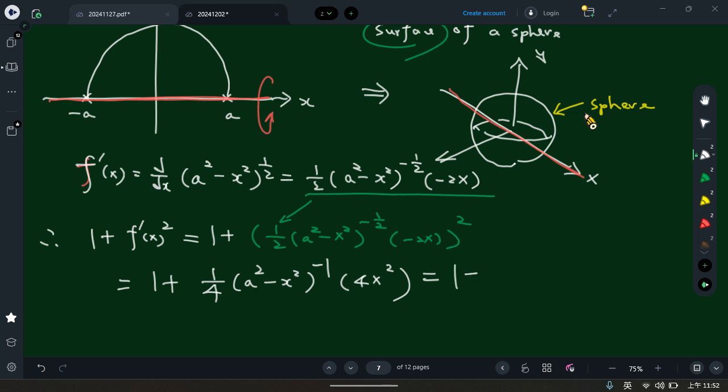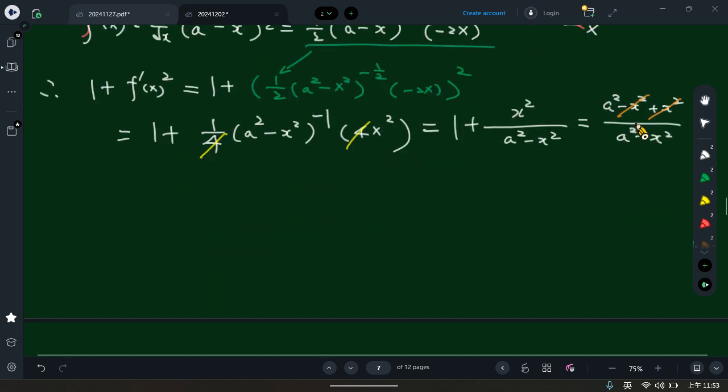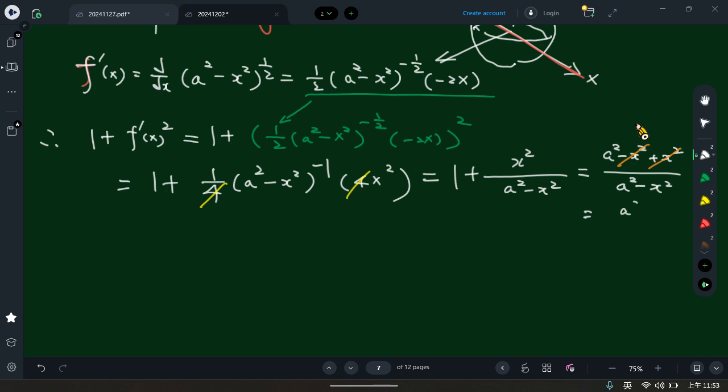Then it will be 1 plus, here we can cancel it. Then we can have x squared over a squared minus x squared. So that we can continue to reduce it as a squared minus x squared plus x squared over a squared minus x squared. So we can cancel these 2 terms. So finally, we will have a squared over a squared minus x squared left.